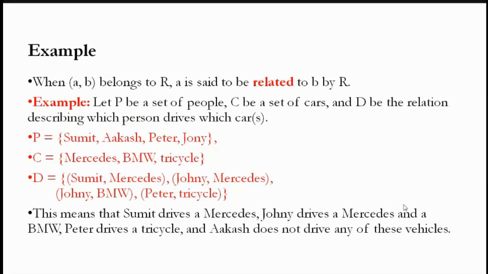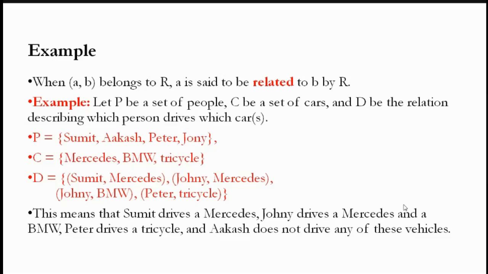Here is another example. When (A, B) belongs to R, A is said to be related to B by R. Let P be the set of people, C be the set of cars, and D be the relation describing which person drives which car. So P is equal to Sumit, Akash, Peter, Johnny. These are the people in the set P, and the car companies are represented in the set C, and D is the relation between the persons and the cars, who is driving which car.